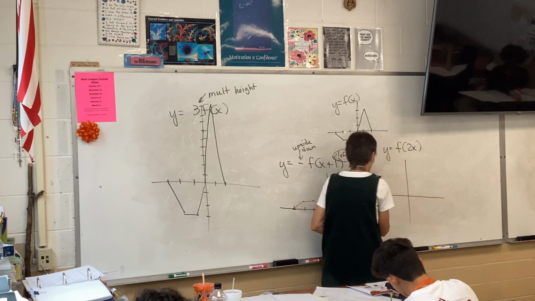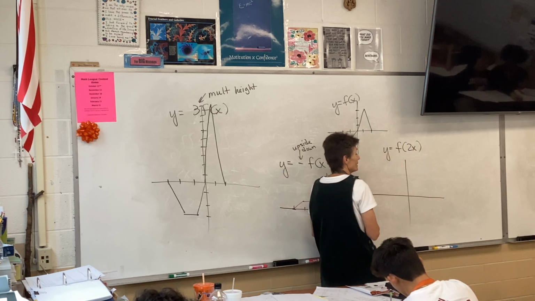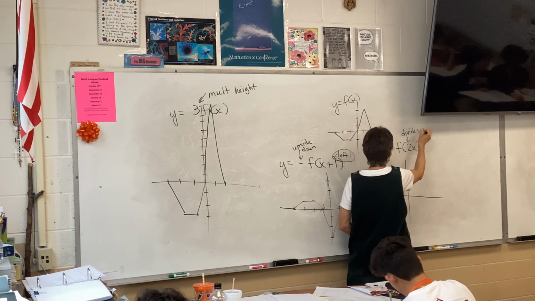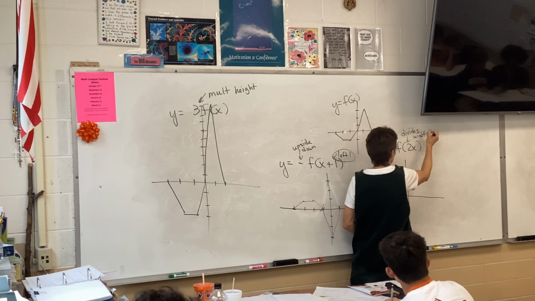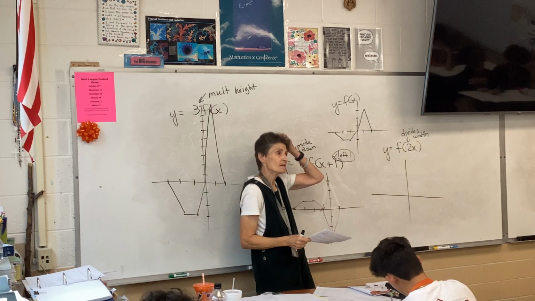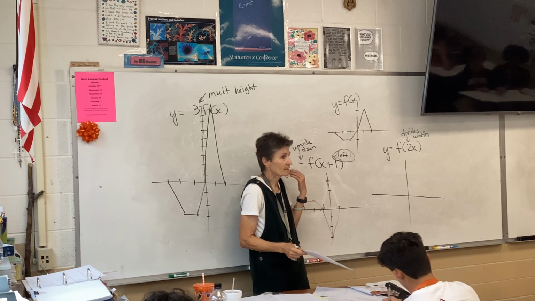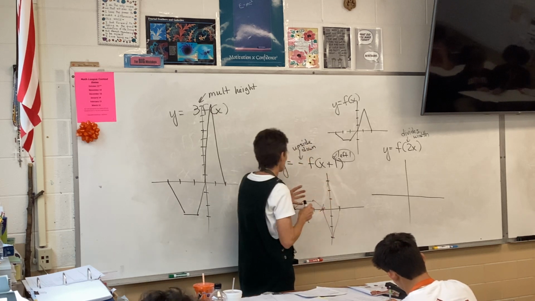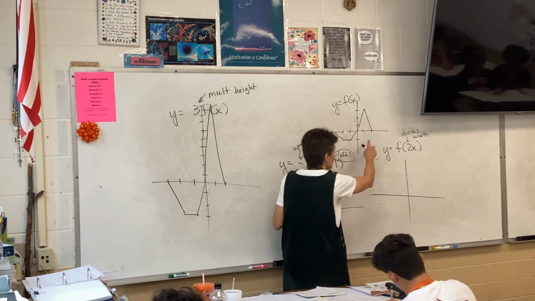Multiply x. Well, watch it. This actually divides the width. So the width is the x's. We're dividing the x's, right? So what does that mean? Go back to the original picture.